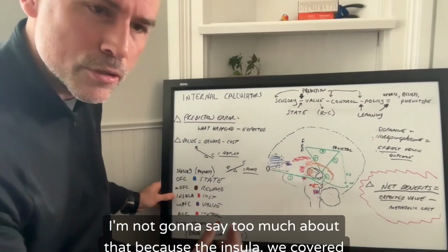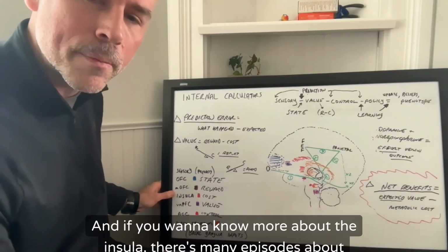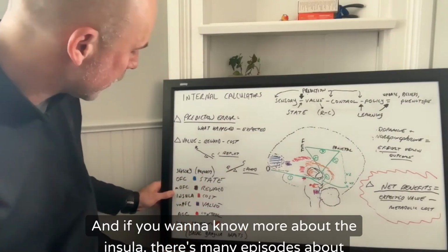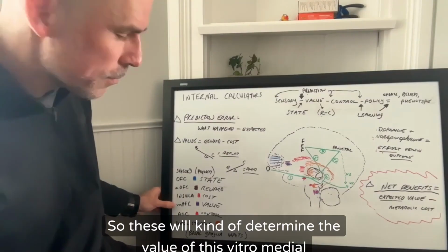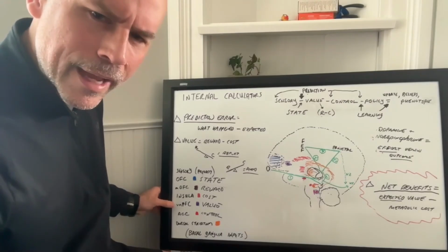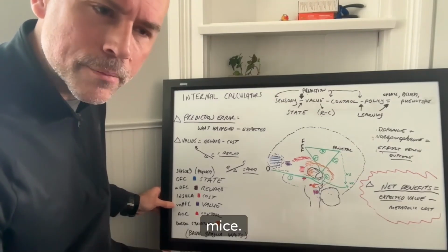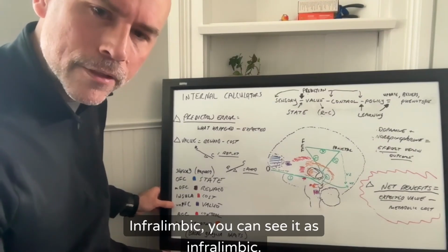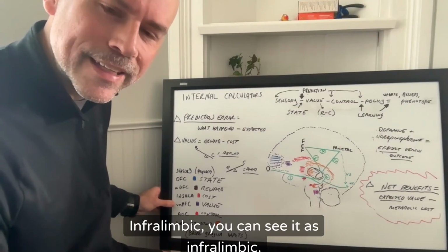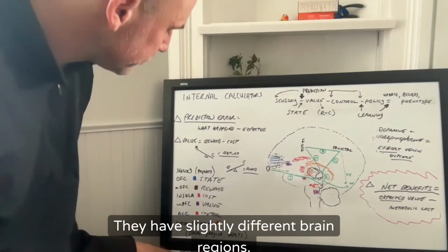I'm not going to say too much about that because we've covered it, and if you want to know more about the insula, there are many episodes about it. So these would determine the value of this ventral medial prefrontal cortex. In rodent models, there's a lot of good research on rodents, of course, or mice, the infralimbic. You can see it as infralimbic. They have slightly different brain regions.